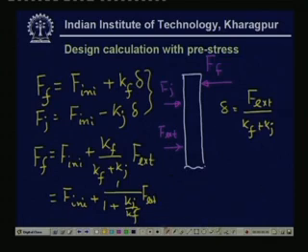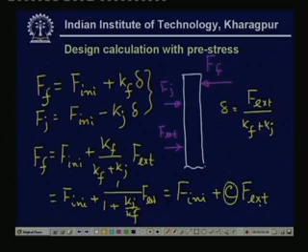What we see here is that this is F initial plus C times F external. So here we have a factor C which is multiplied with F external. Therefore the entire load is not taken by the fasteners, but only a part.